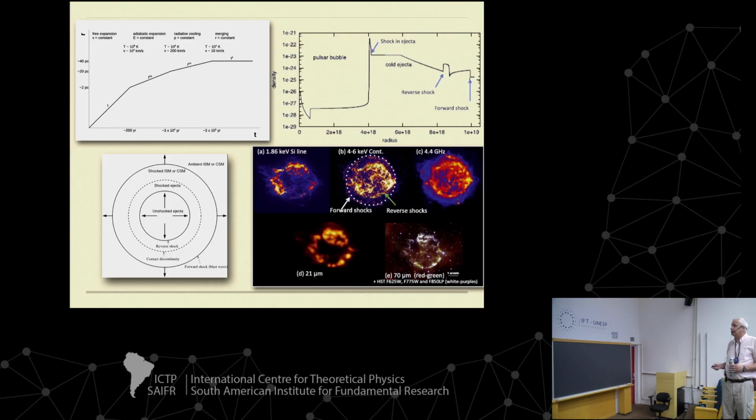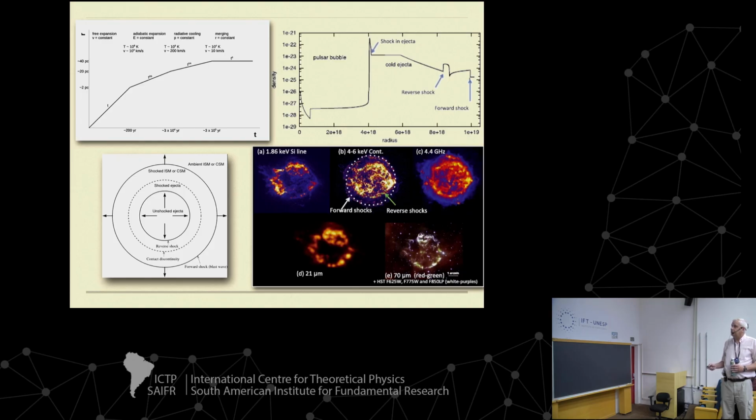And these are some images of supernova remnants, the same supernova remnant actually, observed at different wavelengths. For instance, this is at 4.4 gigahertz in radio, and this is in X-rays between 4 to 6 kiloelectronvolts, continuum emission. And this is line emission. This is silicon, the silicon line.